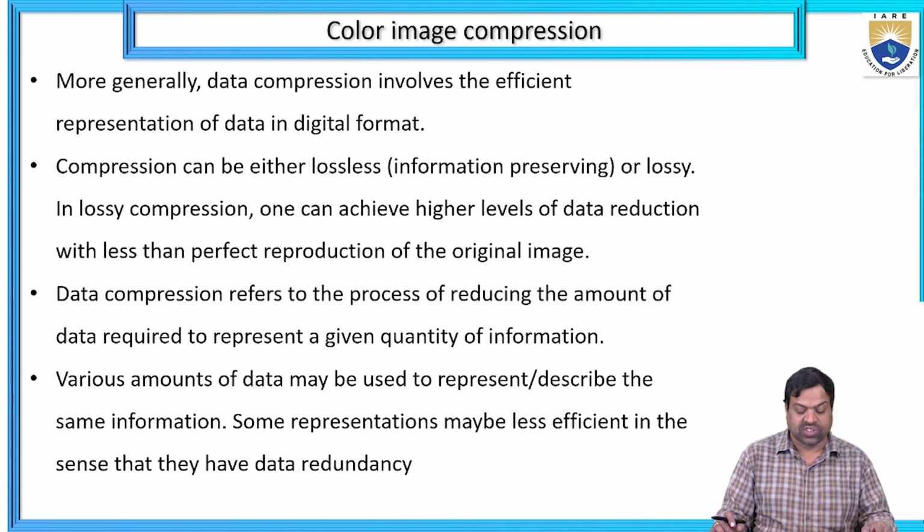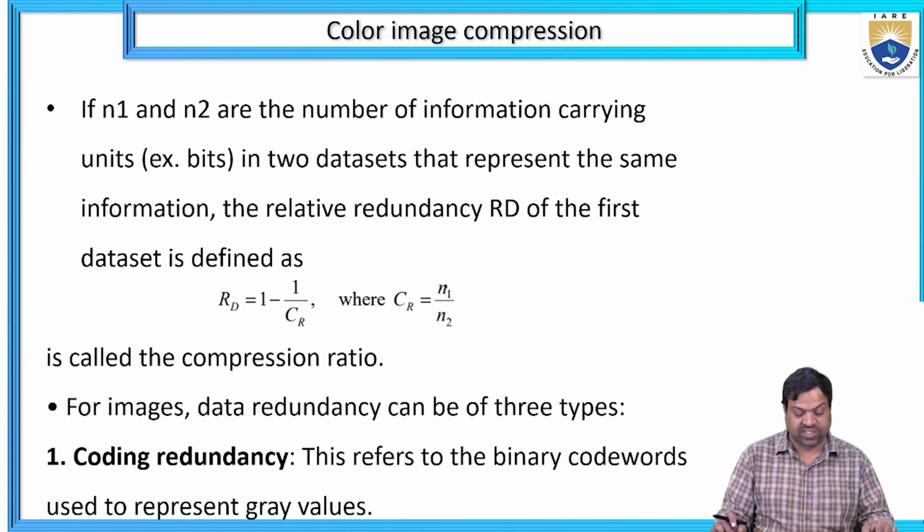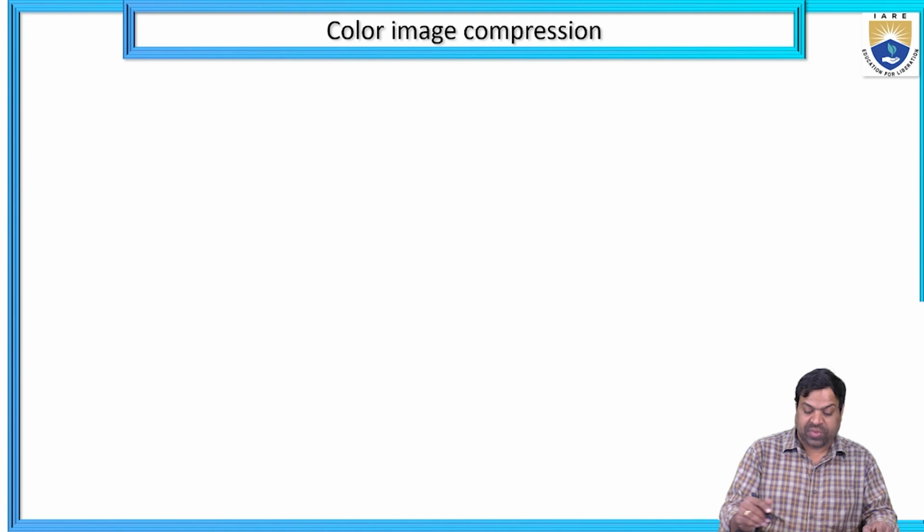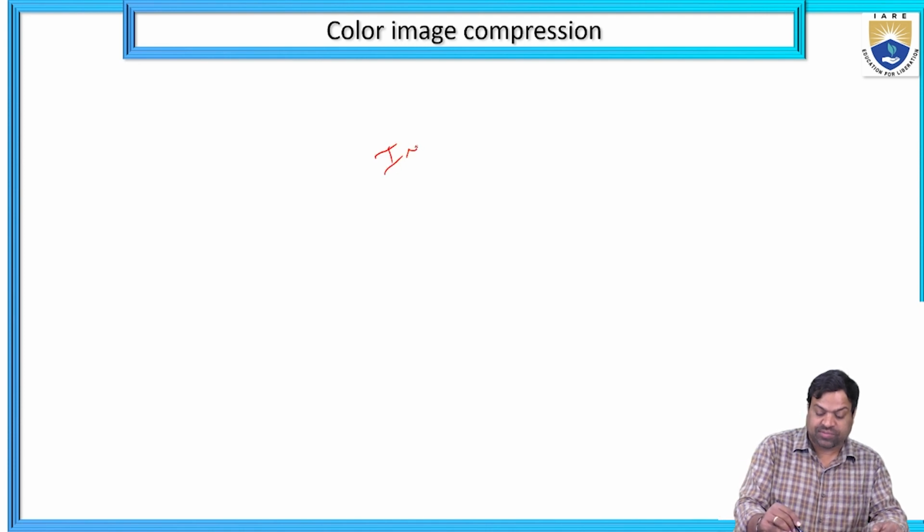Data compression refers to the process of reducing the amount of data required to represent a given quantity of information. Various amounts of data may be used to represent or describe the same information. Some representations may be less efficient in the sense that they have data redundancy. Suppose I am taking image compression.